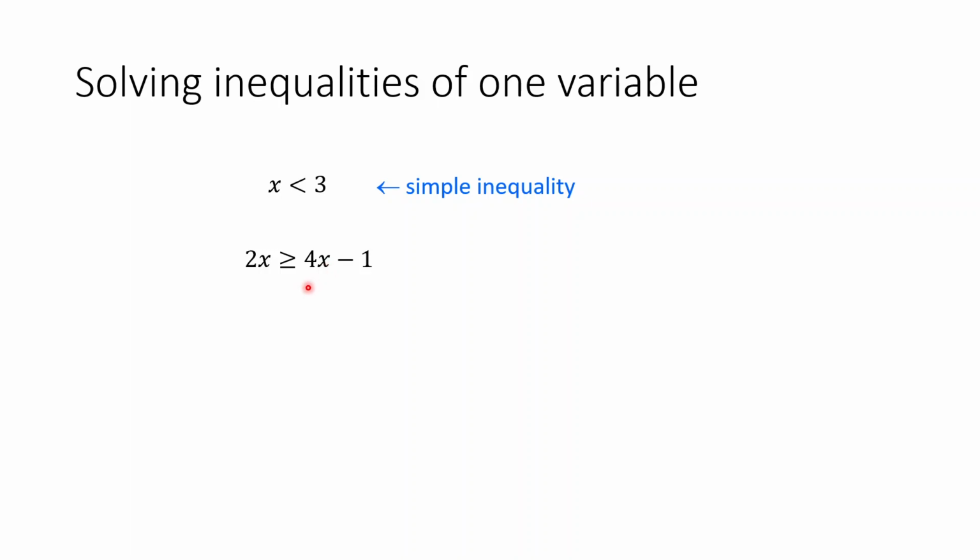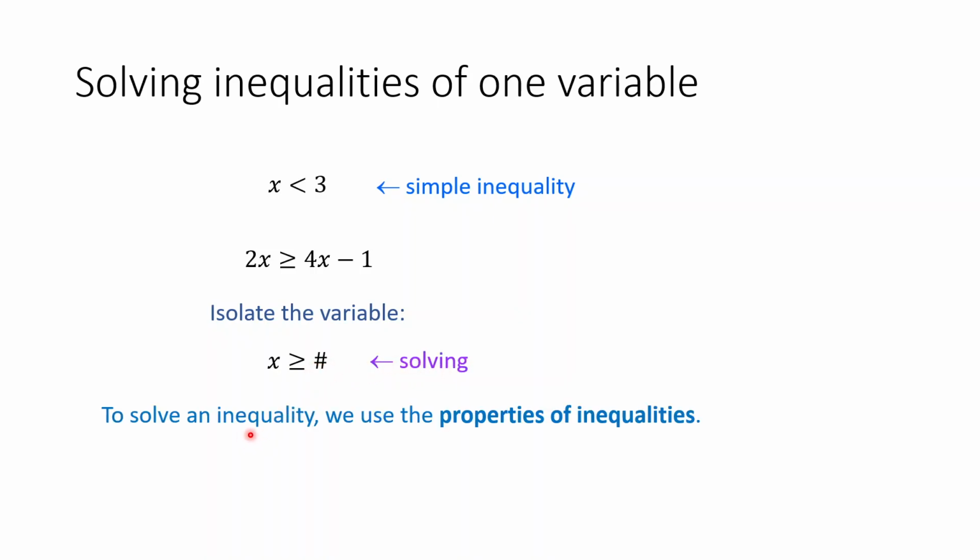To find that, you need to isolate the variable so that you have the variable on one side and a number on the other side. Isolating the variable is called solving. To solve an inequality, you need to use the properties of inequalities. What are the properties of inequalities? That you will see in the next slide.